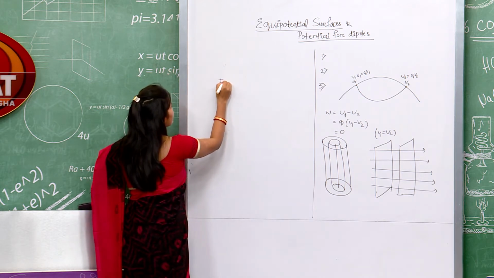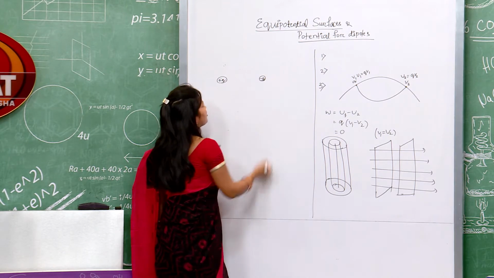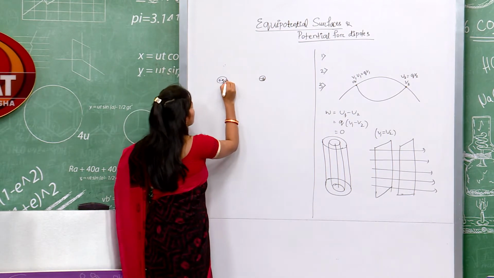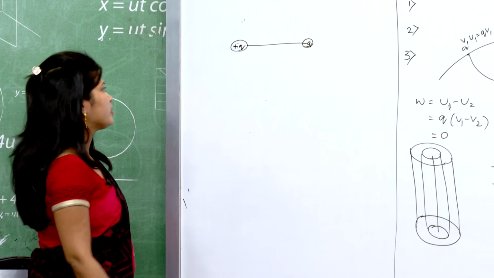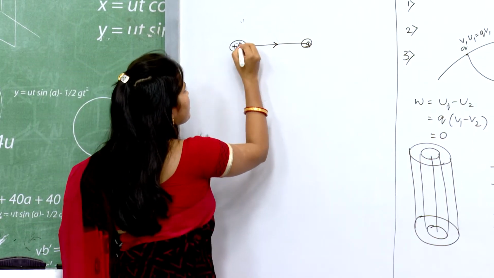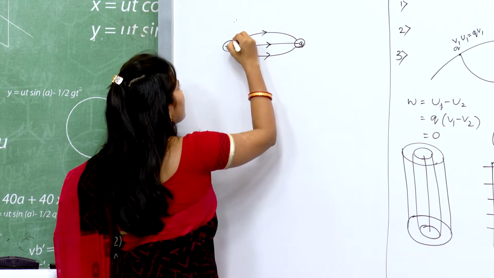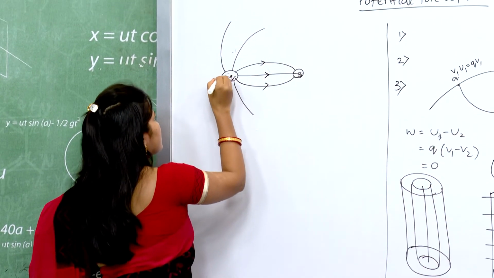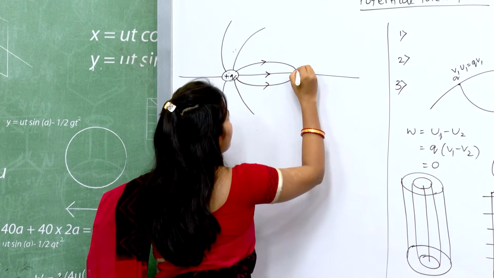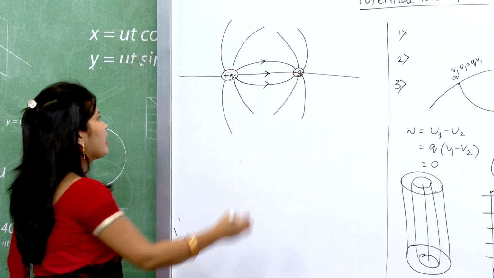Suppose I have a charge plus q here, and here I have charge minus q separated by some distance. Then what is the electric field? You know the direction of electric field is like this. You know very well how to draw electric field lines.